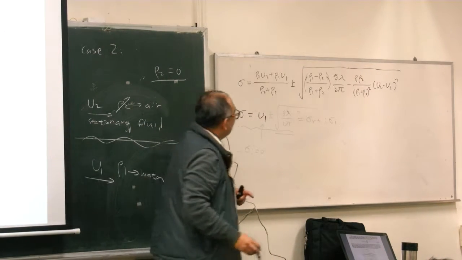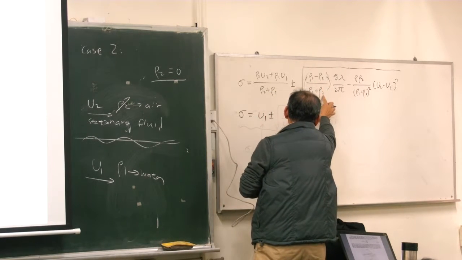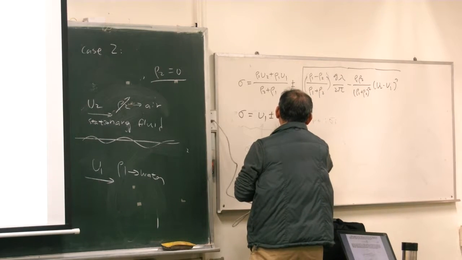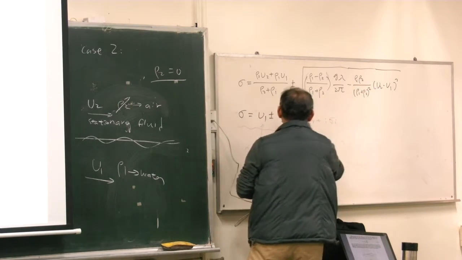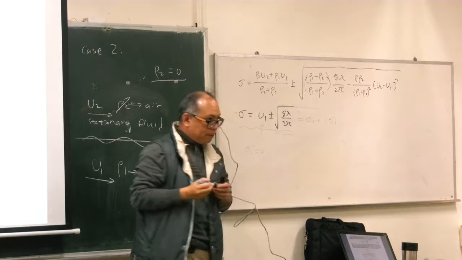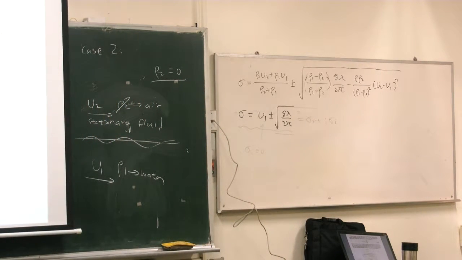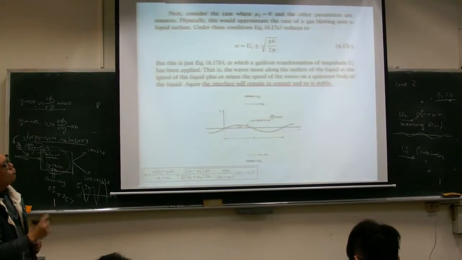And rho 1 divided by rho 1 is equal to 1, so again we have G lambda over 2 pi, and we don't have the other term, so we have the square root. So our sigma for case 2 is U1 plus or minus the square root of G lambda over 2 pi.